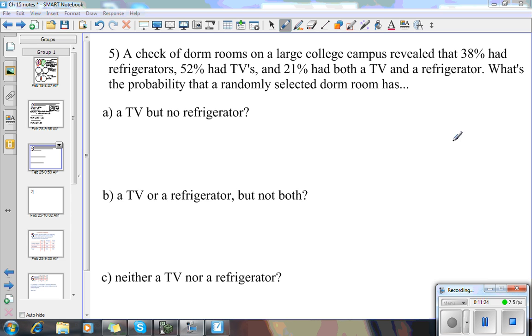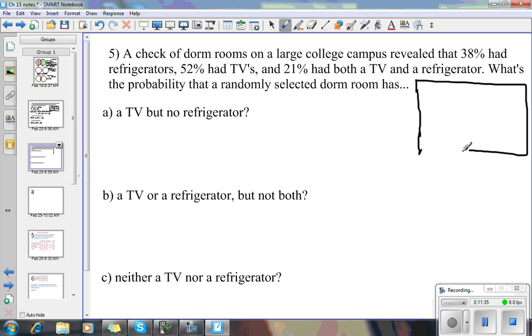Okay, let's go ahead and continue on this. I'm going to make my Venn diagram here. So we have refrigerators and TVs.